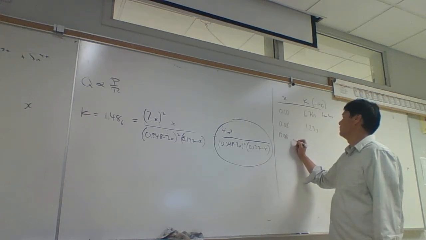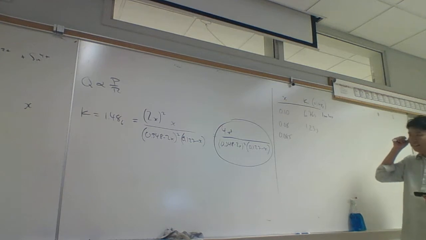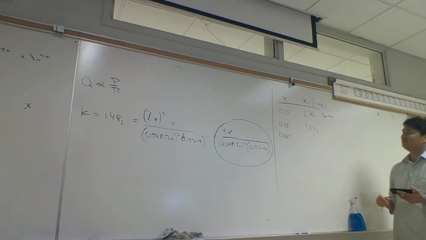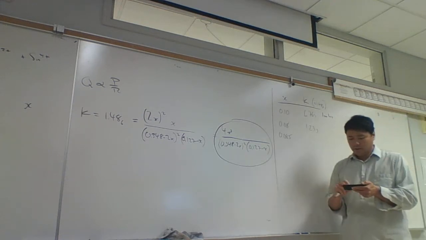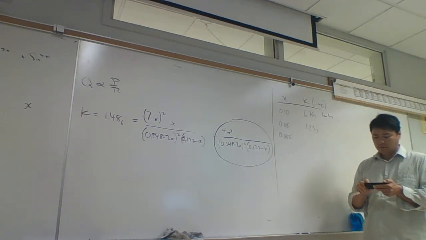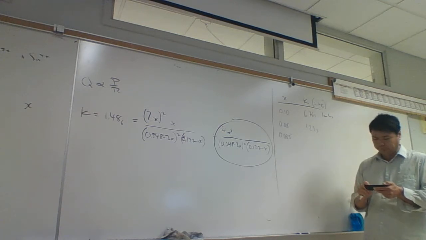0.085? All right, let's try 0.085. See, although that might be a little bit big, but let's go for it. And so I'll go 0.348 minus 2 times 0.085 would be 0.17.